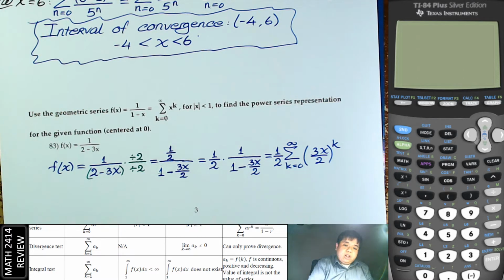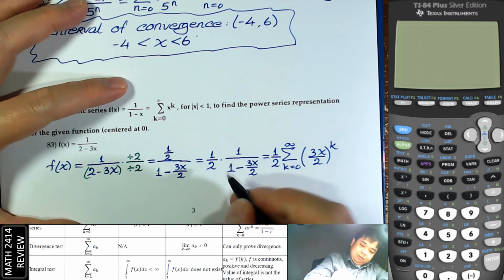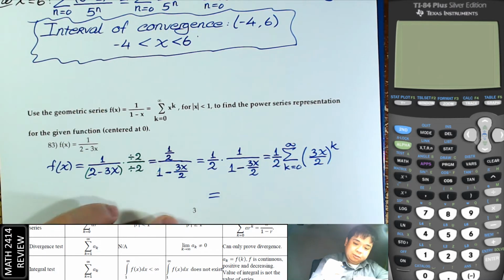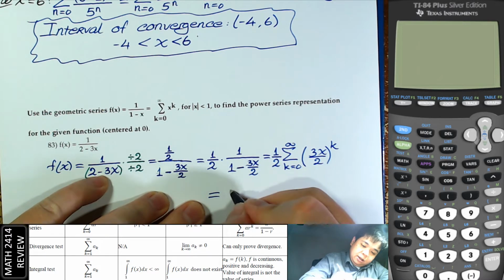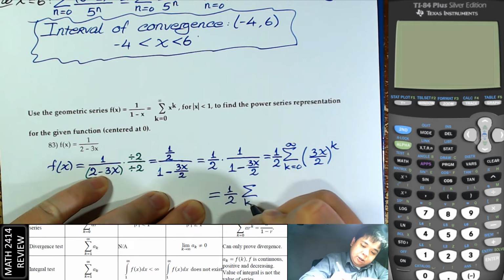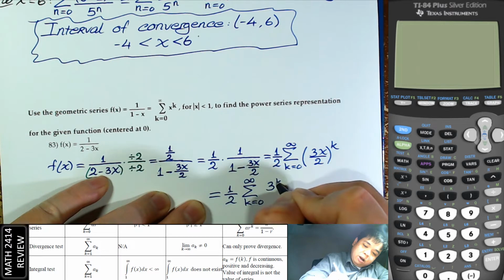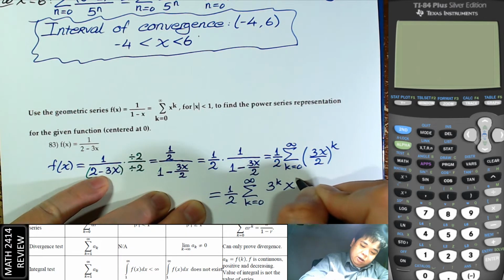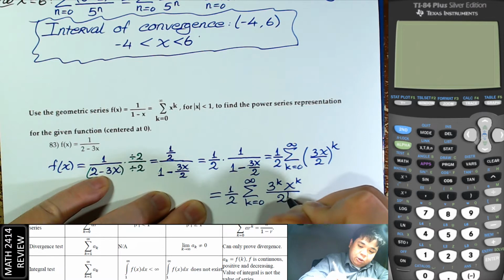Yeah, if we want to, we can just distribute the k into everything. That k power going to power of 3, power of x, and power of 2.